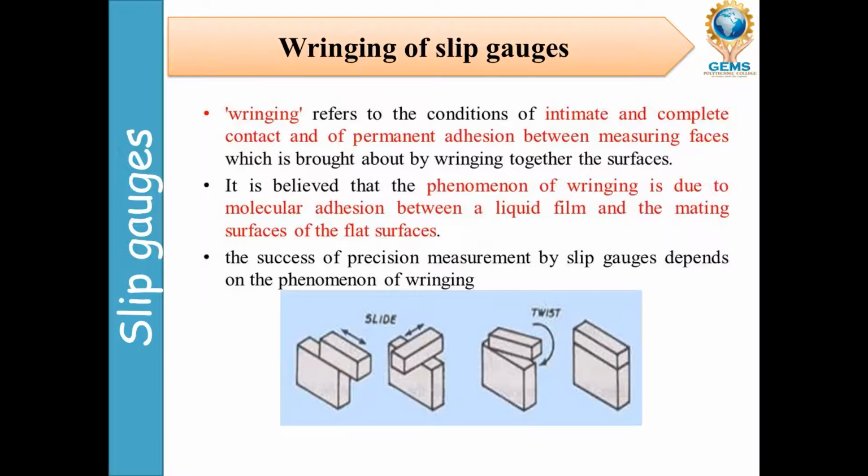When we do the ringing process, if you see these four pictures here. In the first picture, firstly the slip gauges are kept over one another and slid over each other as shown in the figure. The first one at the bottom is a slip gauge, and over the top one more slip gauge is there.